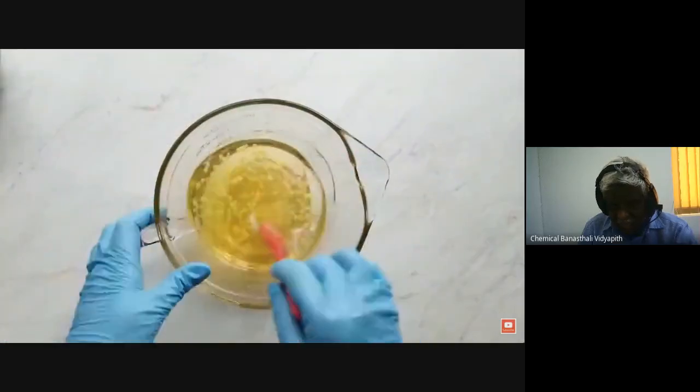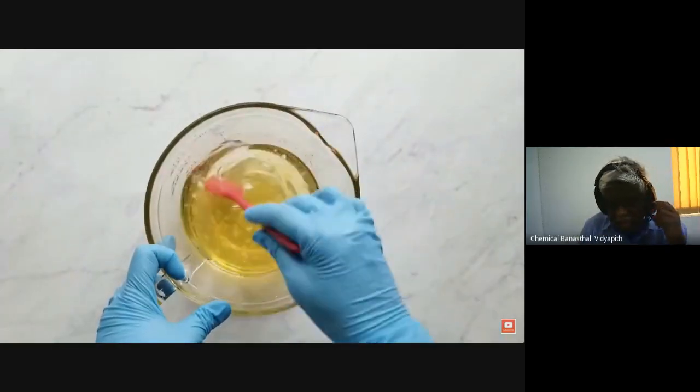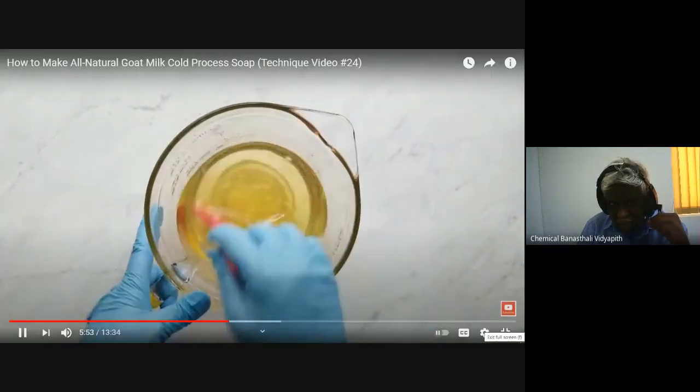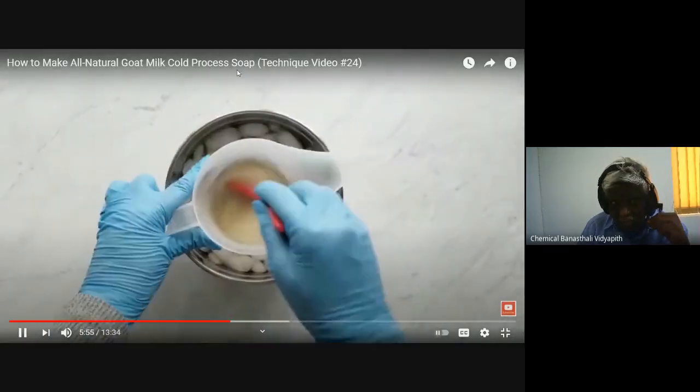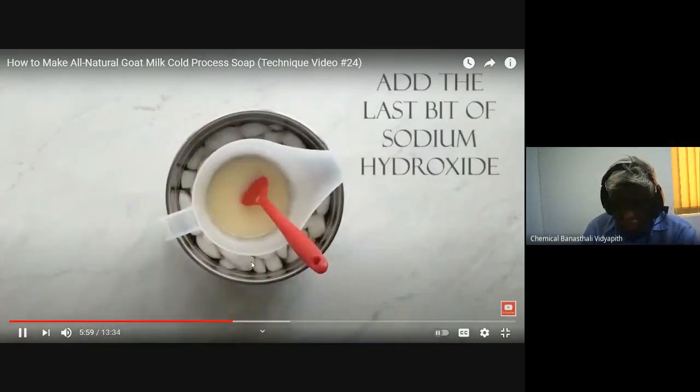Next, I stir in my cocoa butter, and if it needs a little more microwaving, I microwave it until it's barely melted. After that, just add the remaining amount of sodium hydroxide and set aside.